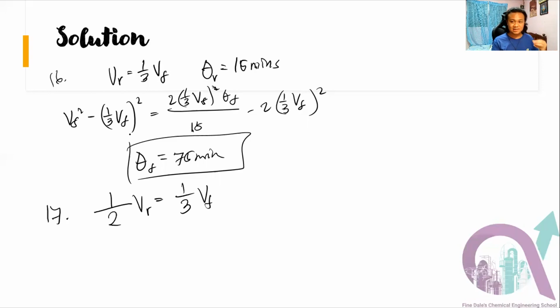Okay, so that's how it is interpreted. So 1/2 of the original, which is 1/3 of the total. So VR karon is 2/3 of the total. Just substitute that there. So VR, we substitute there 2/3 instead of 1/3, and then time is also 15 minutes gihapon. So please substitute that there, and then you will have your new filtration time of 24.4 minutes.